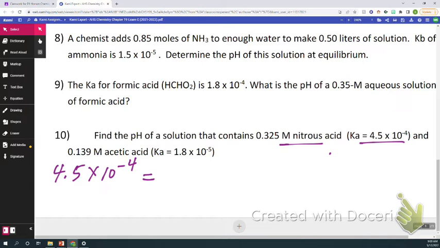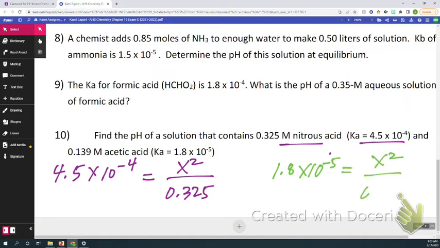So, Ka equals x squared over 0.325 and solve for x. And then separately, I would go 1.8 times 10 to the negative 5 equals x squared over 0.139.